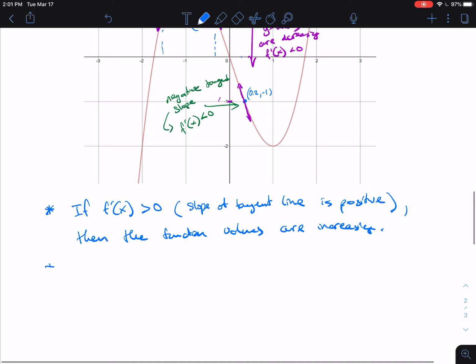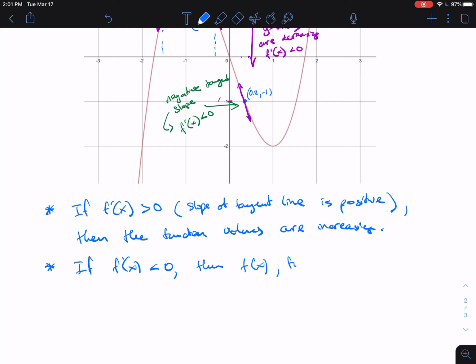And if f prime of x is less than 0, then f of x, or the function values, are decreasing. That's what we got from the picture there.